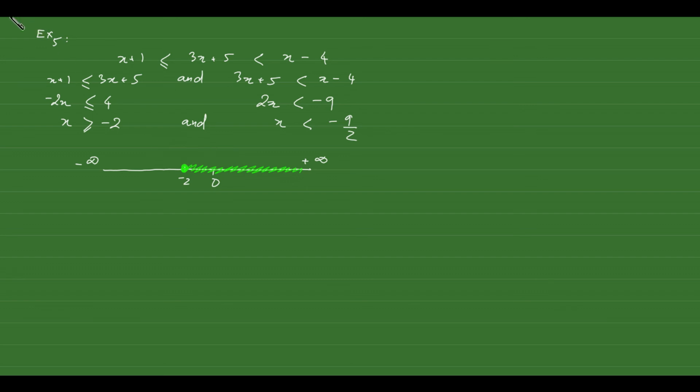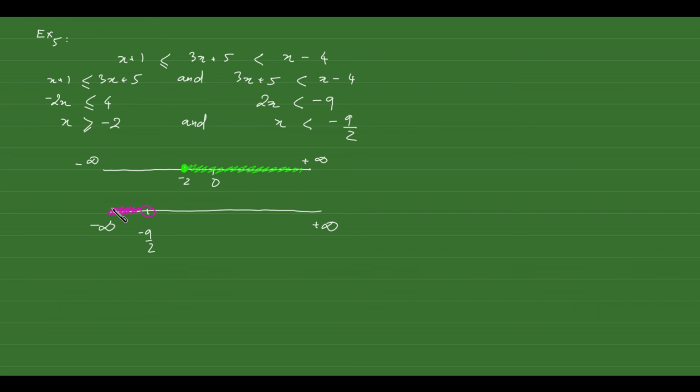Now let's do the second number line. Negative 9/2 is all the way over here, and let me use this color here. So this is an open circle, and I shade it over here.